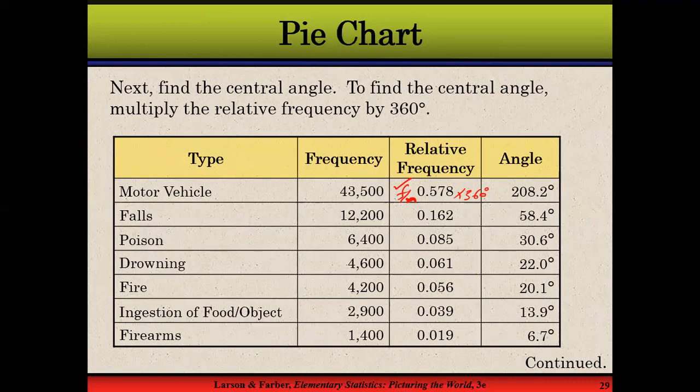So we multiply 360 with the relative frequency to come up with the particular angle that we are going to use to construct the part of the pie for this particular category.